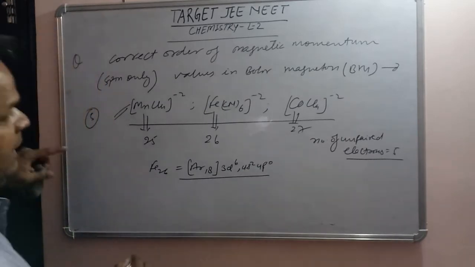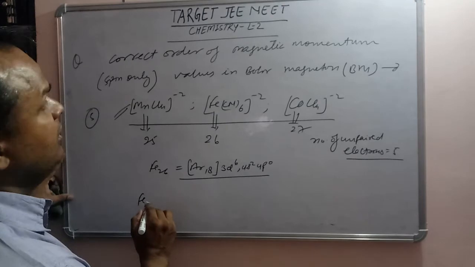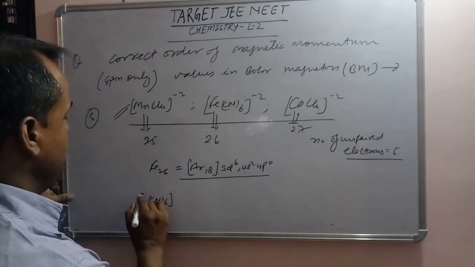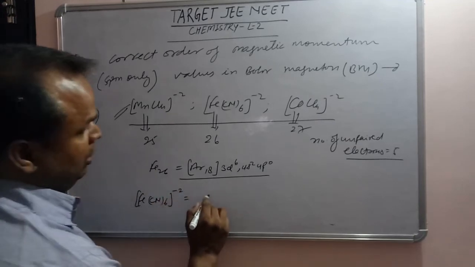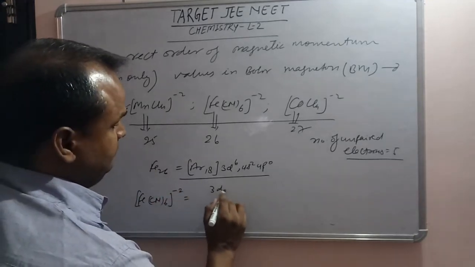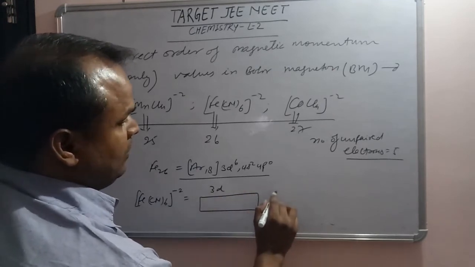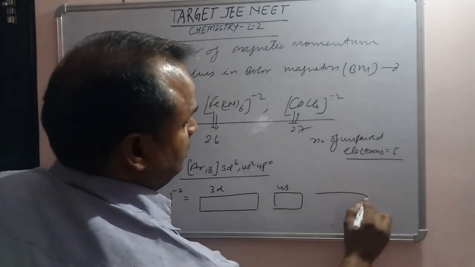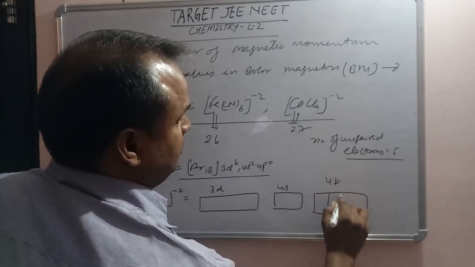So again, if we write it directly, it can be written as Fe(CN)6 minus 2 is equal to, now this is 3d, 4s, then 4p.